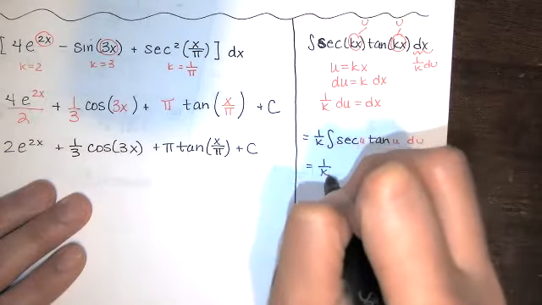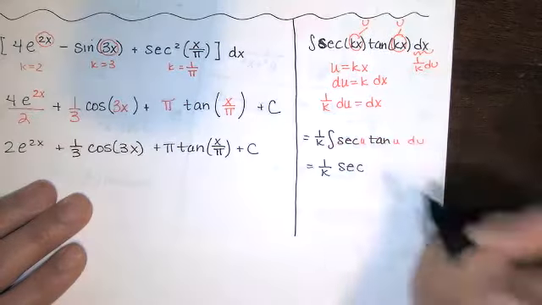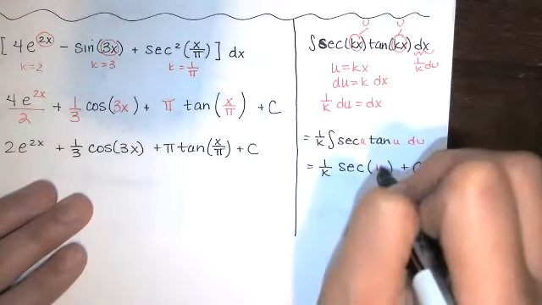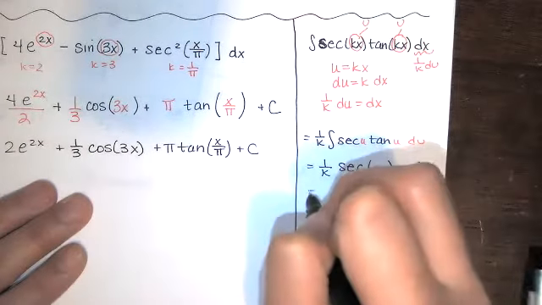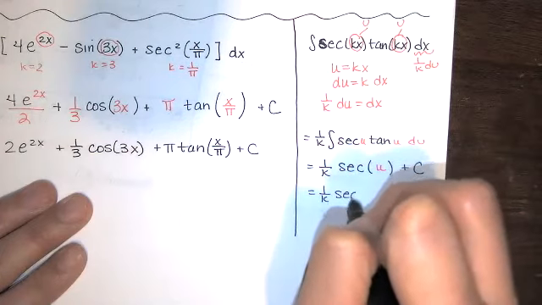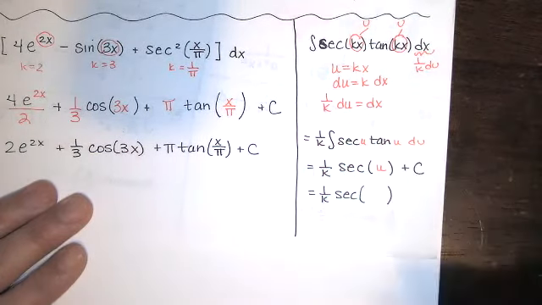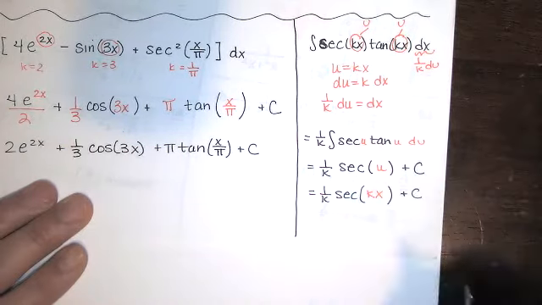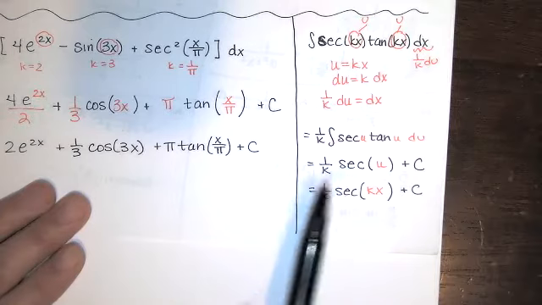And so we get 1 over k times the antiderivative of secant of u times tangent of u, which is secant of u plus c. But then you back substitute. So you replace u with kx and then add c. Isn't that exactly what I told you the answer would be?